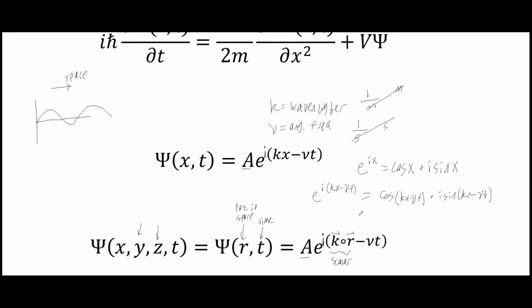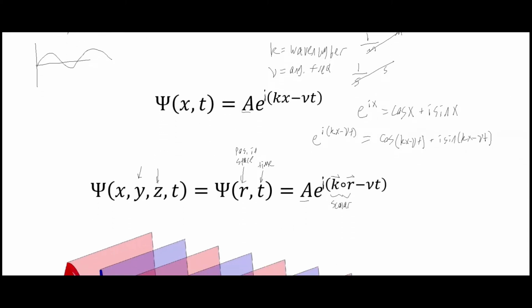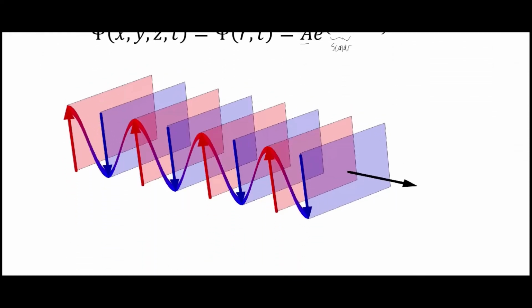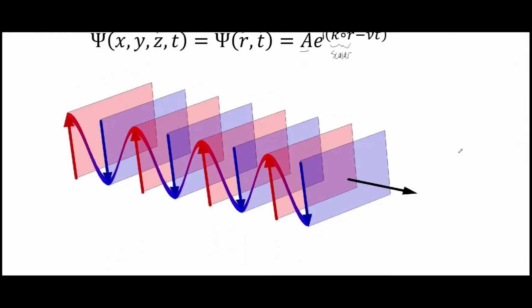And so what we can do to interpret this is think about what a wave looks like in 3 dimensions. What a plane wave looks like in 3 dimensions is, instead of having a single point that has this value, we now have this value over this plane here, and then a little bit further along in this direction of space, we have a whole plane that has that value there.